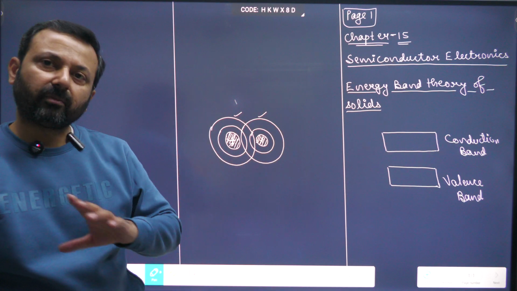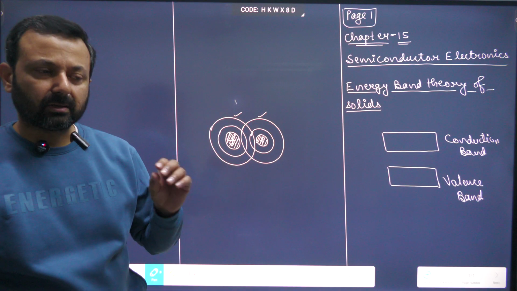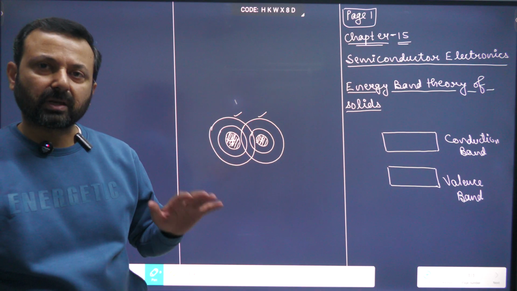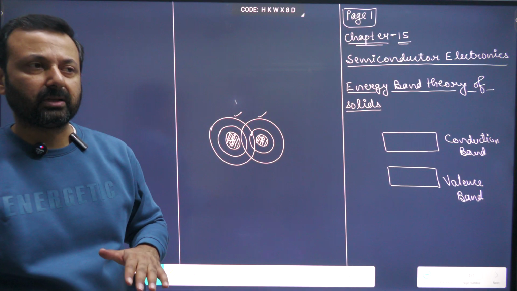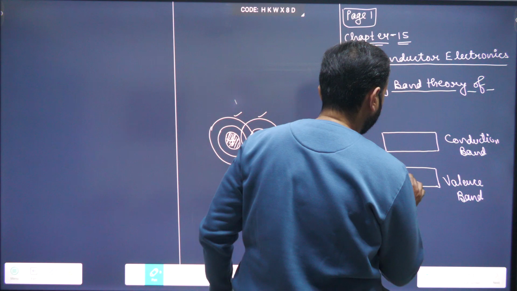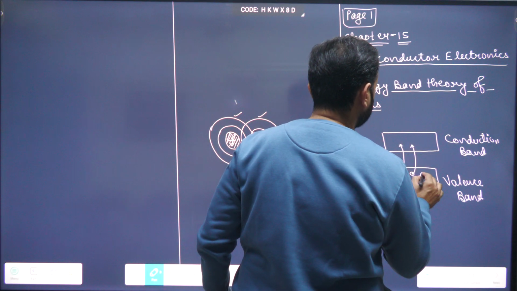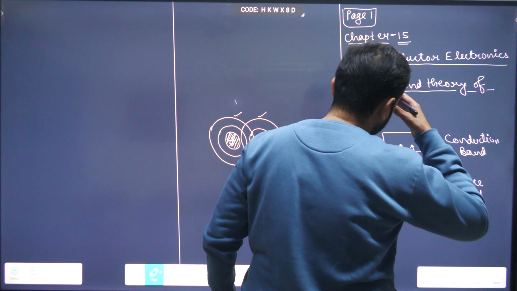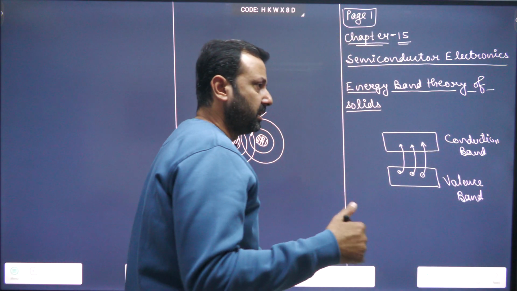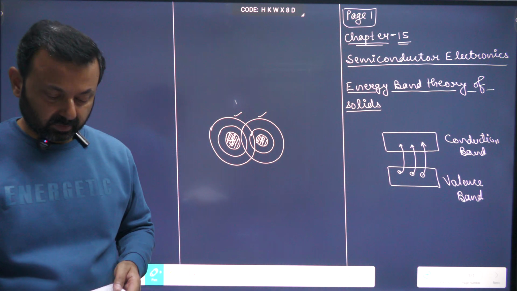So the valence band has plenty of electrons. And the conduction band, generally in a semiconductor, does not have any electrons. When electrons from the valence band jump to the conduction band, then the semiconductor starts behaving like a conductor. It means then it starts conducting current. Is this clear to you?